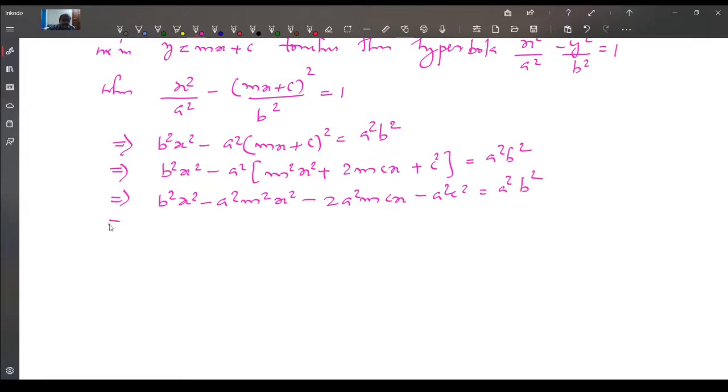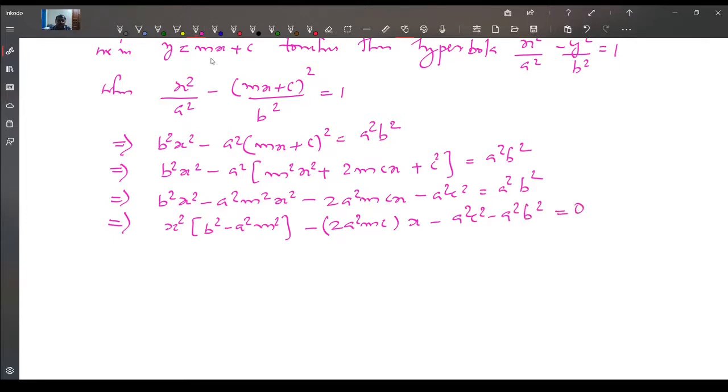So on rearranging, taking the coefficient of x square together, you will get x square into (b square minus a square m square) minus 2a square m c into x minus a square c square minus a square b square equal to 0.